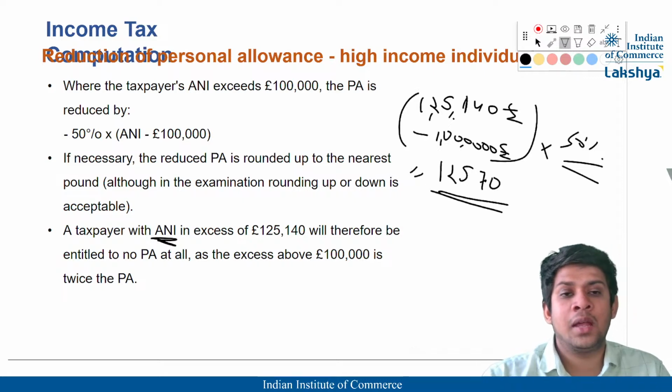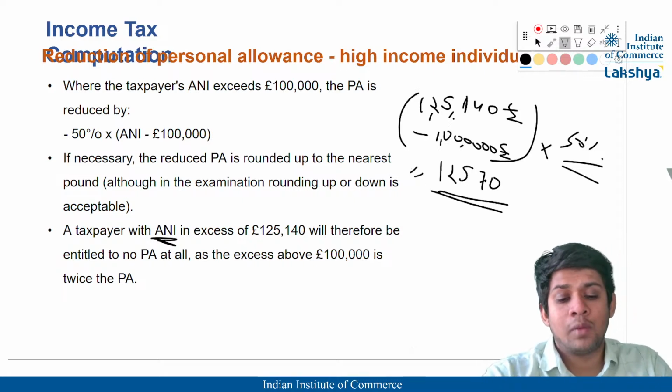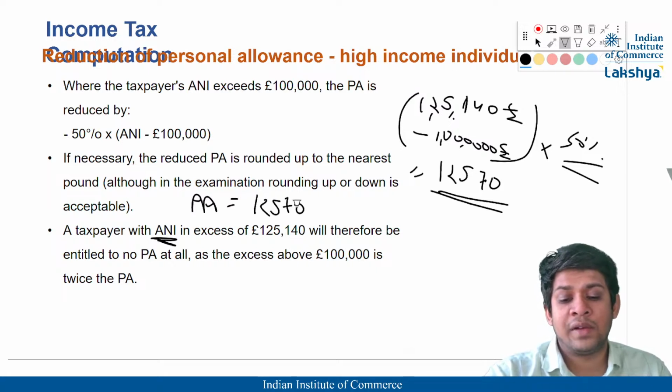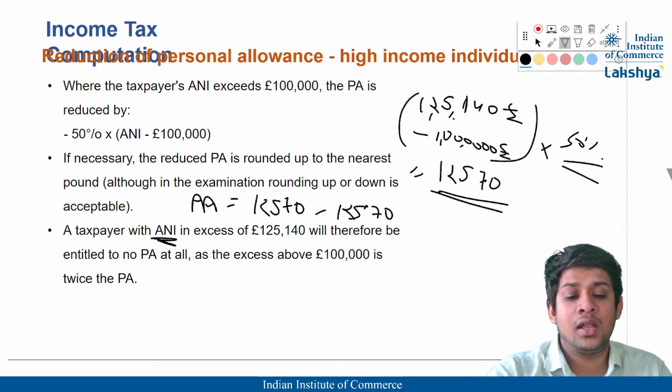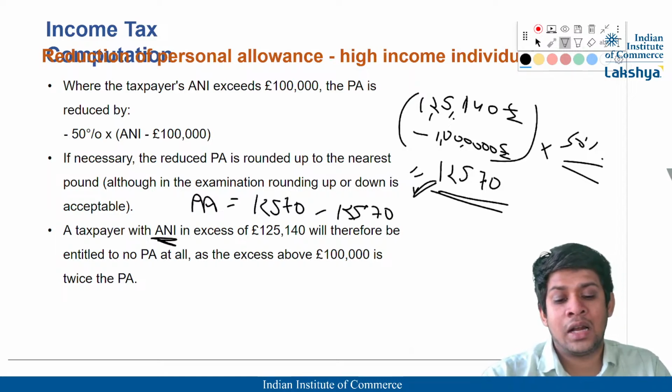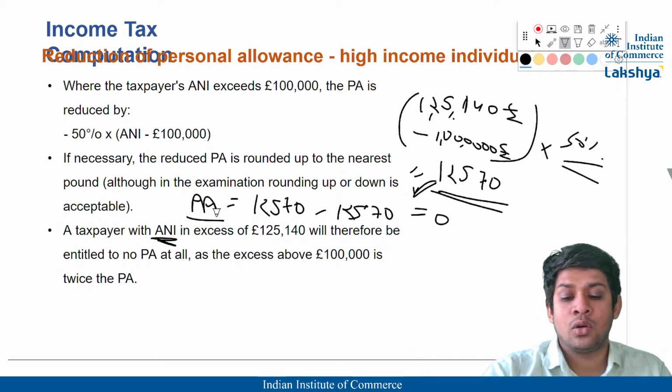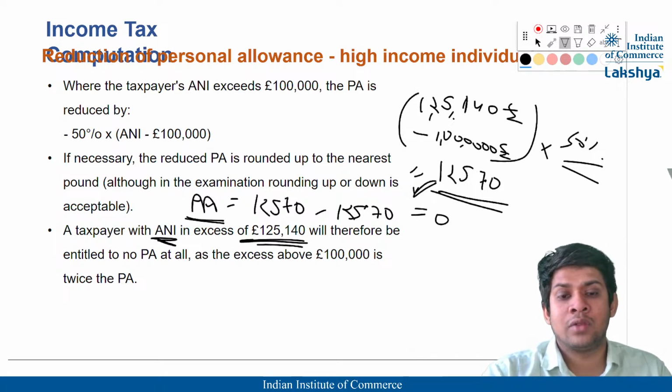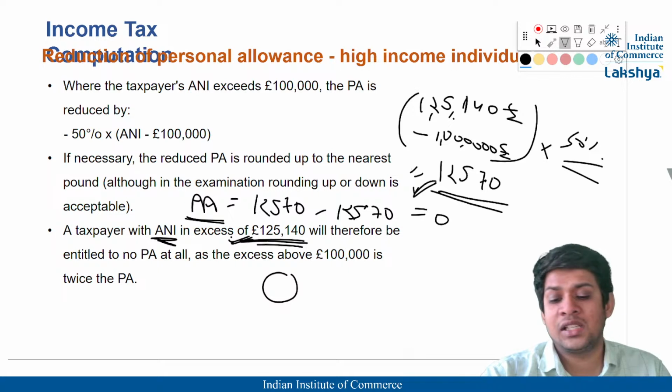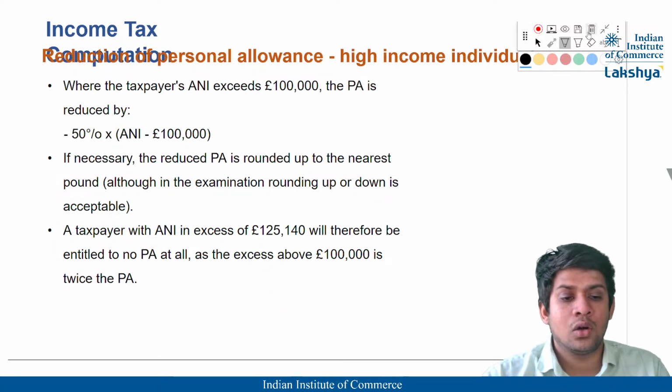My personal allowance is 12,570, but it will be reduced by 12,570 because my income is greater than 1 lakh, so it will become 0. So at 1,25,140 pounds, if my adjusted net income is this much or greater, my PA will be 0. That means no PA will be given to me.